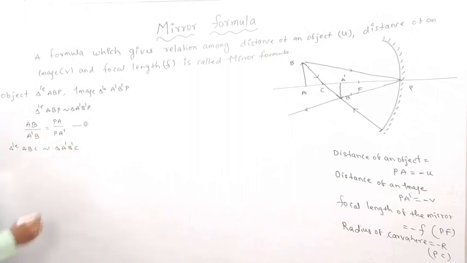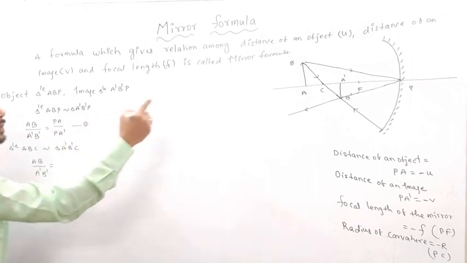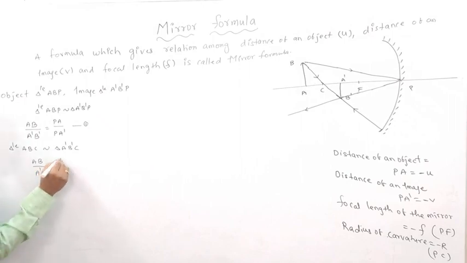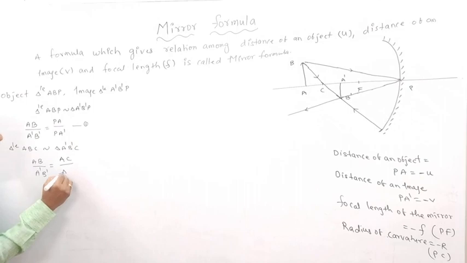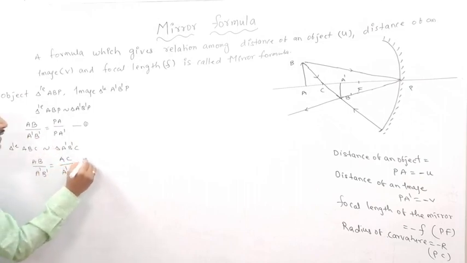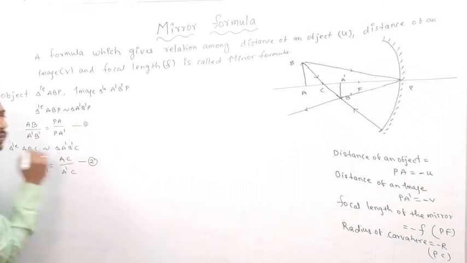From this one, again write height by height: AB by A dash B dash equals to what is the base of the first triangle, children? Sir, AC. In the second one, you are going to get A dash C. This is equation 1, this is equation 2.